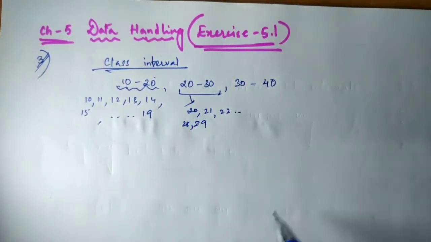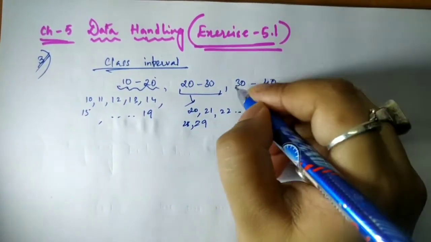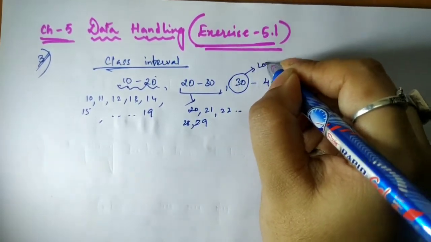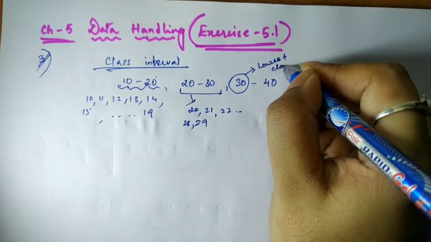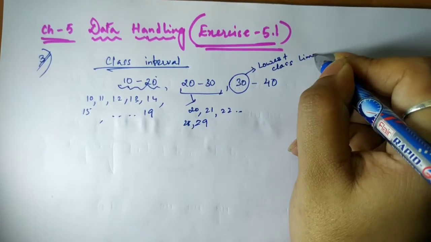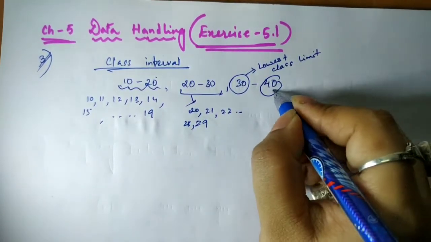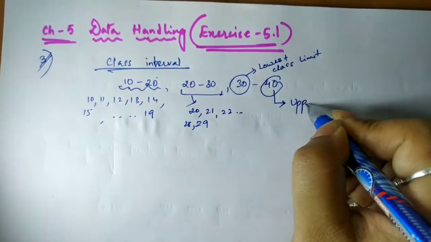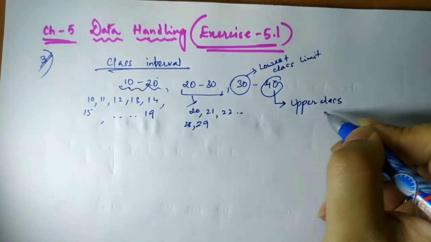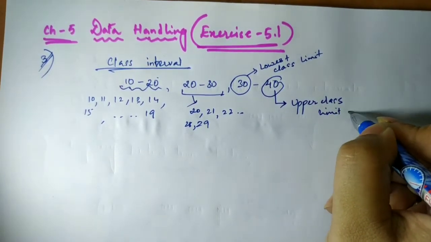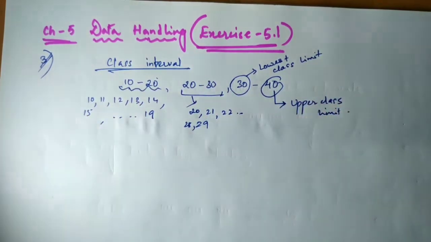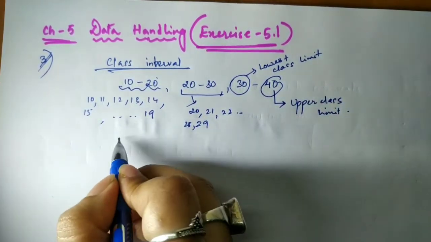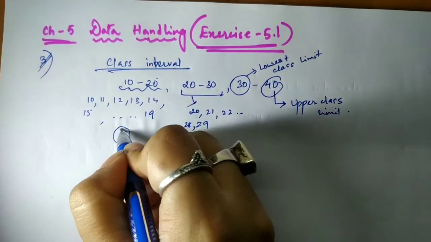Now, when we consider this interval, this particular number is called the lower class limit because it is the smaller one, and this is called the upper class limit. You have to know all these things. Whenever we form a frequency distribution table, if there is a data 15, obviously it will fall in this category.